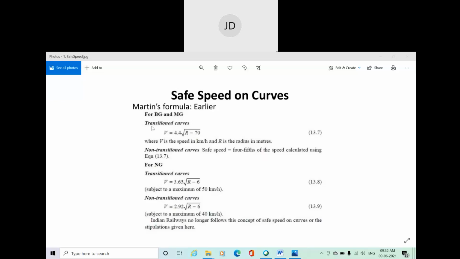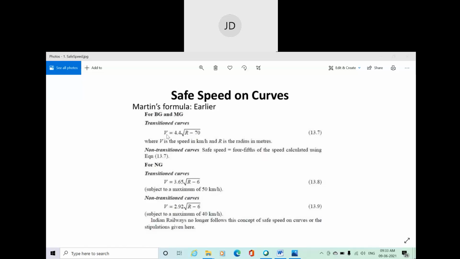You can see two parts. One is the speed of the train when it is moving on the transition curve, and the other is when the train is moving on the non-transition curve. That means the speed of the train may vary depending on the curve, whether it is straight, circular or transition. If the train is moving along the transition curve, then the train has to maintain this speed, and only if the track is broad gauge or meter gauge.